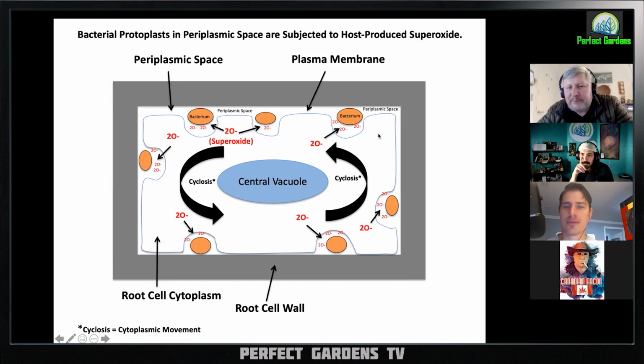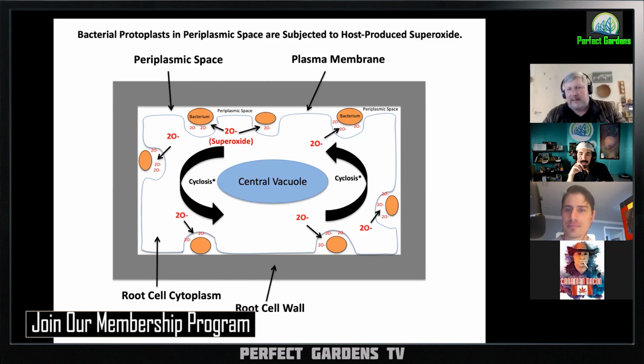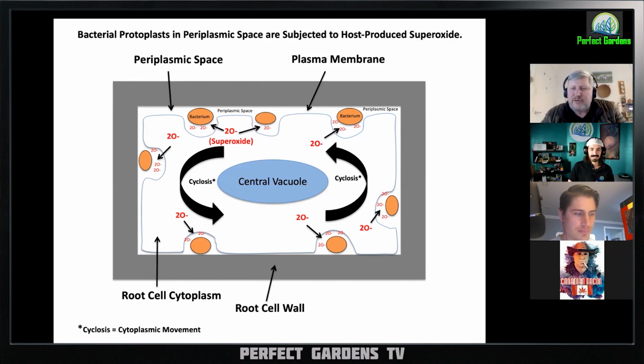So how long have we known that space was there? Oh, we have known about that space for a long time, but we have not known that there are bacteria in that space. The reason is that unless it's a disease, bacteria are not supposed to be inside plant cells, or animal cells, so we don't expect to see them there and we don't interpret them as that.